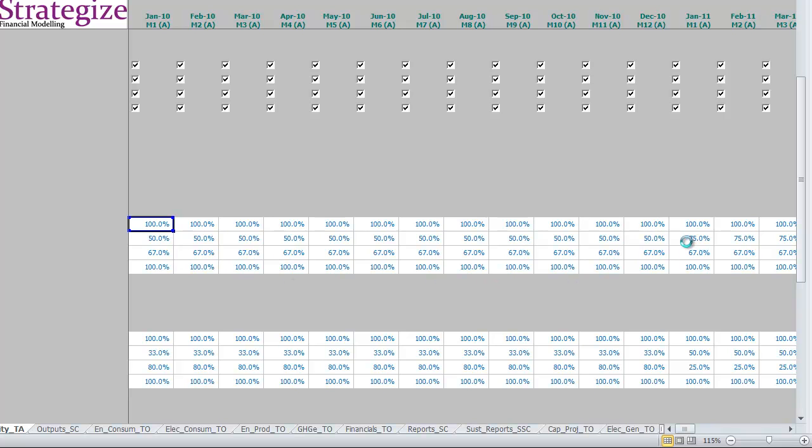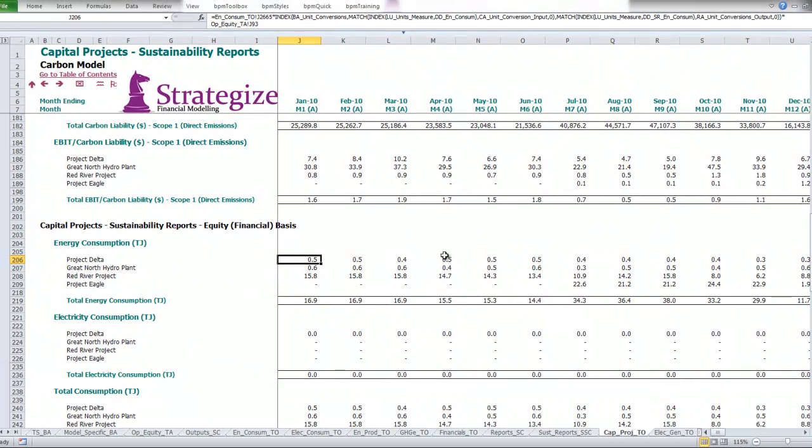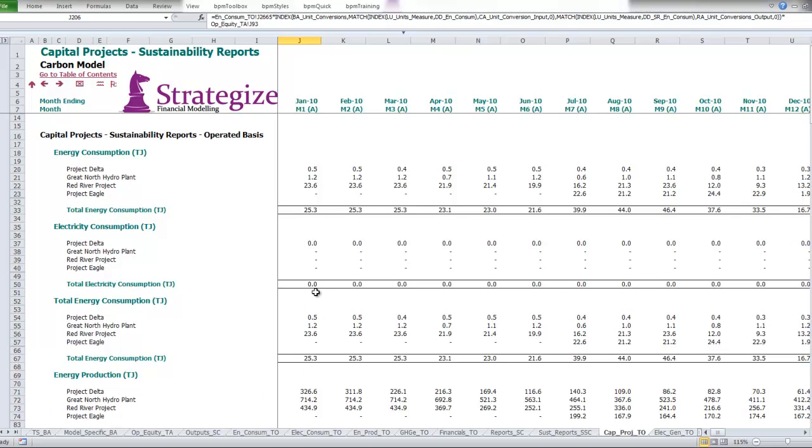Or depending on timeline, your equity portion actually may go up or may go down. So the great thing about this model is that it gives you the flexibility to report your carbon numbers in a very concise and high-level manner.